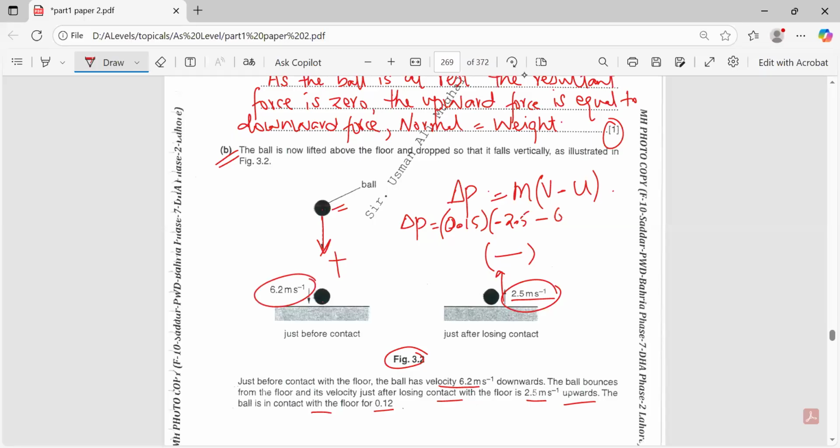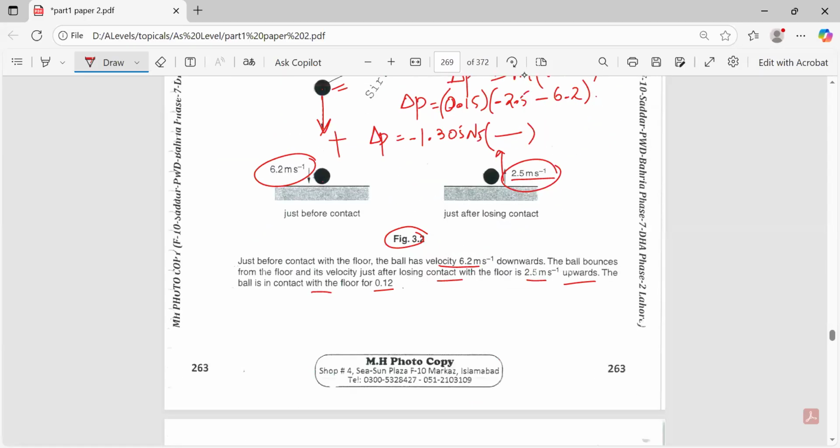Initial velocity is 6.2. So altogether, when you solve it, your change in momentum will be 1.305 newton second.